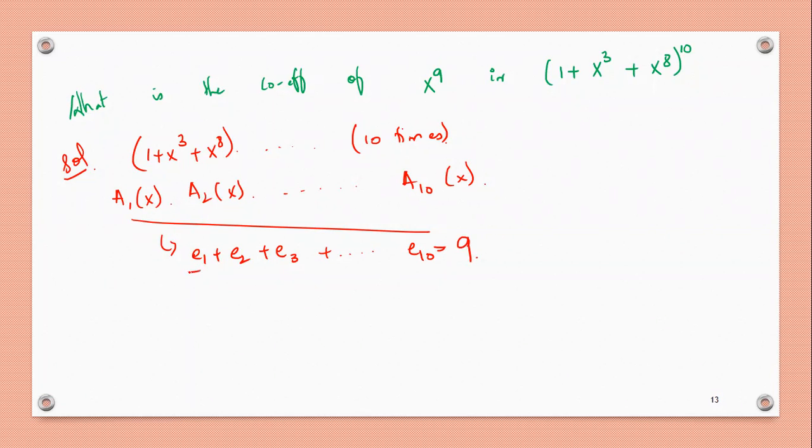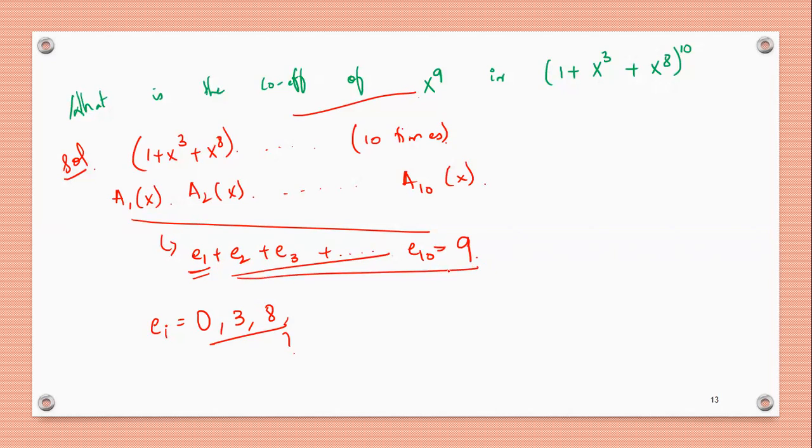Now what are the constraints for E1, E2 and so on? Each Ei can have only 3 values: x power 0, x cube and x power 8. So 0, 3 and 8. When we have to find the coefficient of x power 9, we have to solve this equation.